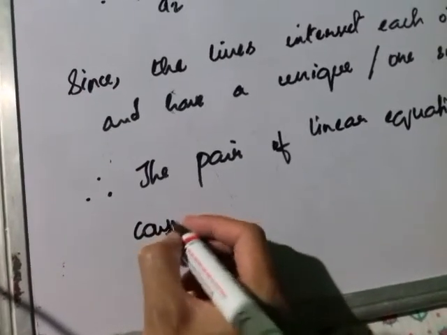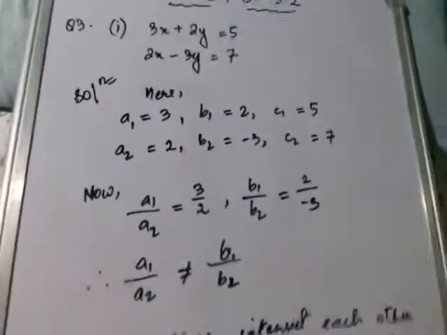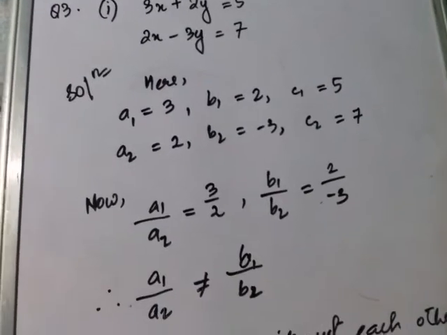Why is it a pair? Because it is two equations. We write here consistent. So this will be the answer, and this will be the solution. So this is Roman number 1.